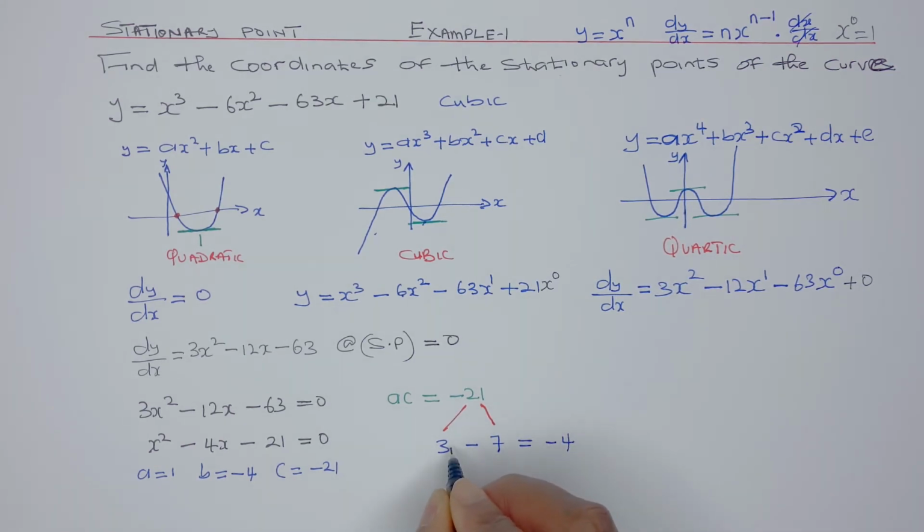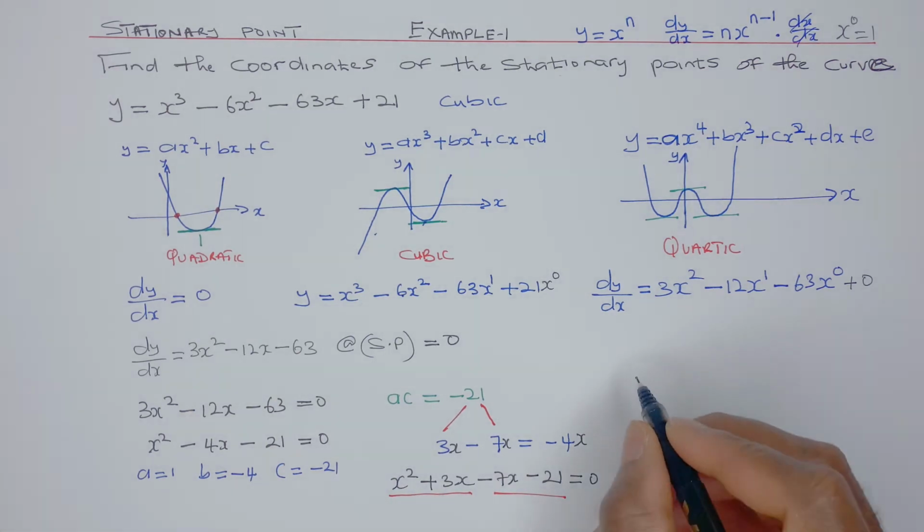All I need to do is put x here, x there, and x there. Then I can replace minus 4x here with 3x minus 7x. So from that expression, I get x squared plus 3x minus 7x, so that equals minus 4x, minus 21 equals 0. Now with this equation, x is a common factor and minus 7 is a common factor.